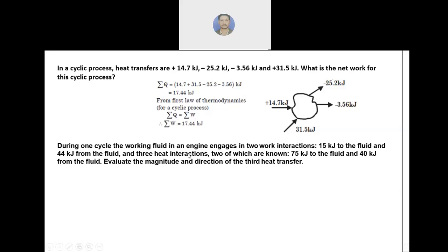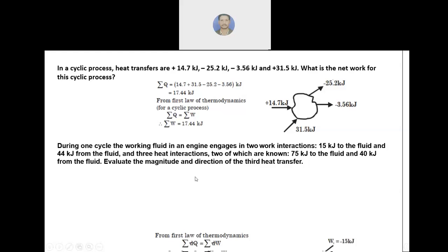There are also three heat interactions. Out of these three, two are given to you: 75 kilojoule to the fluid and 40 kilojoule from the fluid. So two work transfers and two heat transfers are given, and you have to find the third heat transfer.